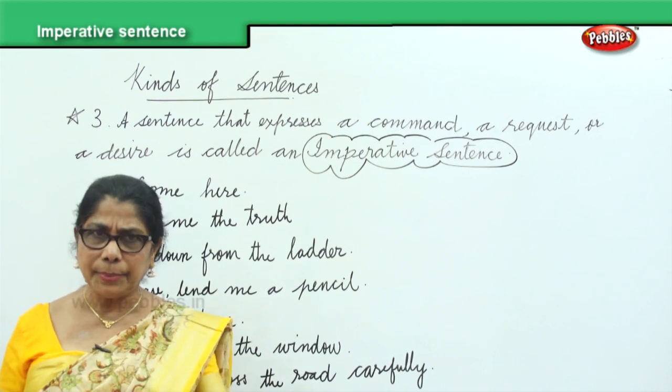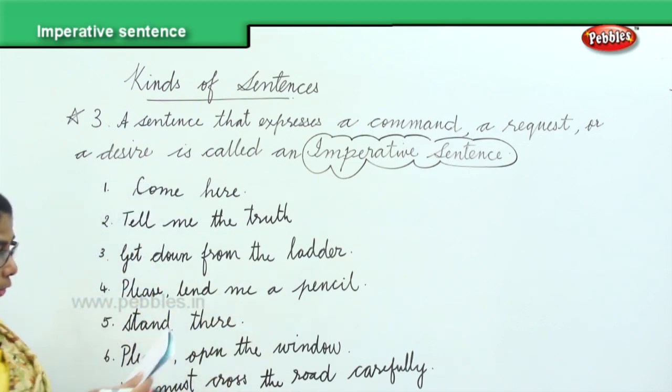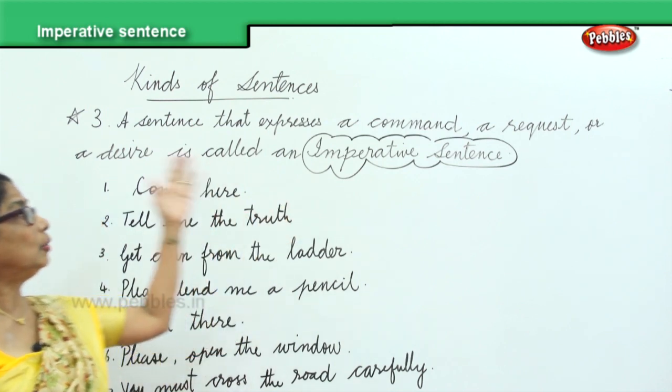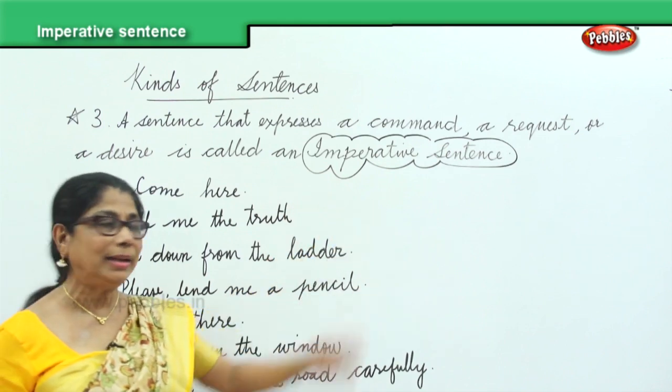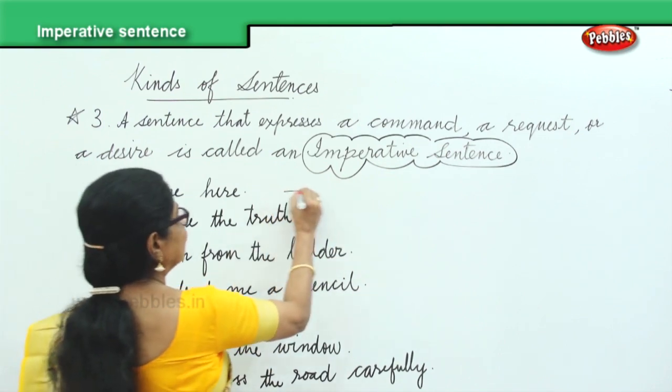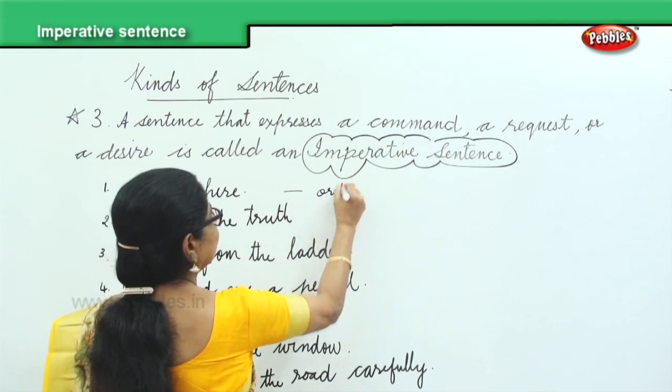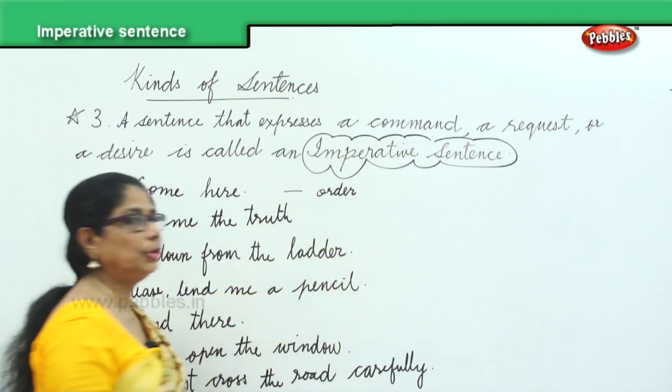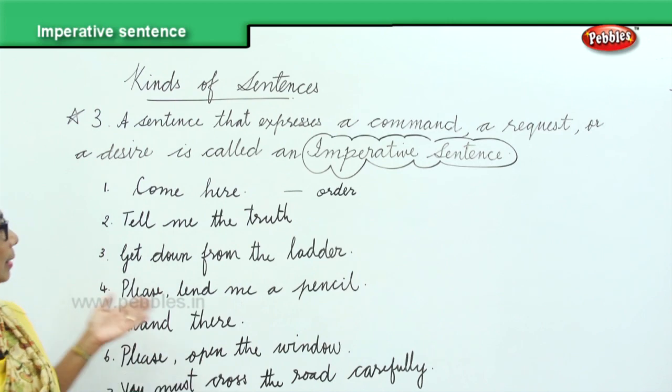When we say come here, what do you think it is? You're ordering a person. So a sentence that expresses command, order, request, wish, we call an imperative sentence. So now when you say come here, you're ordering a person. Order.